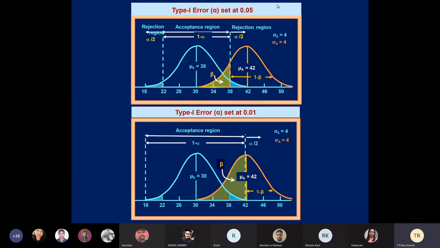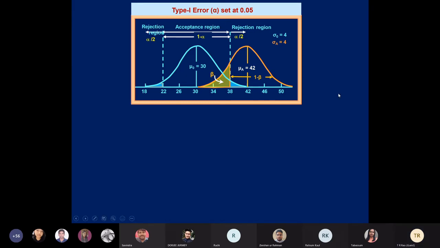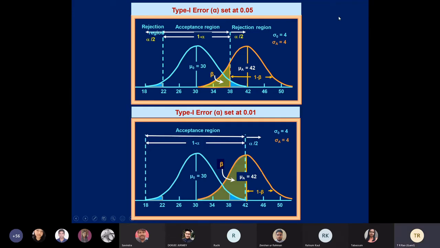Okay. So just to illustrate this, what happens when you set alpha from 0.05 to 0.01, that means the alpha error we have reduced to 0.01. Now see what happened: the amount of beta has increased, right? From this small area to this much.